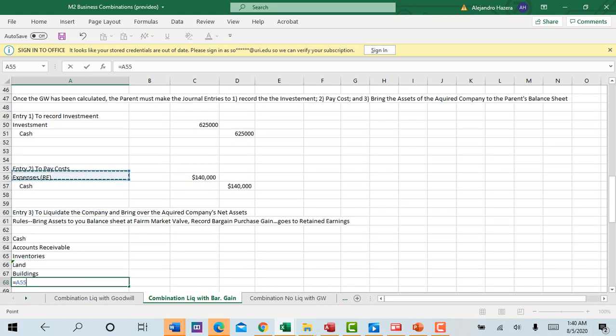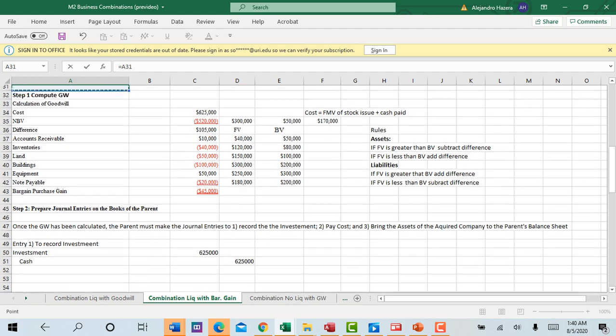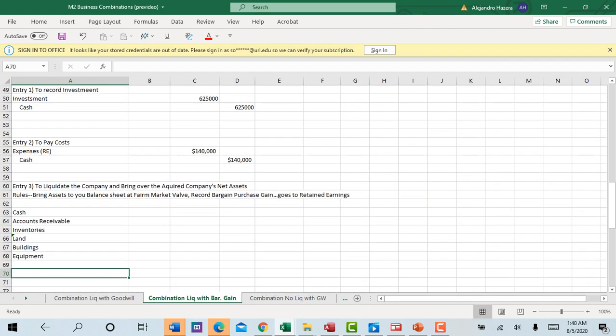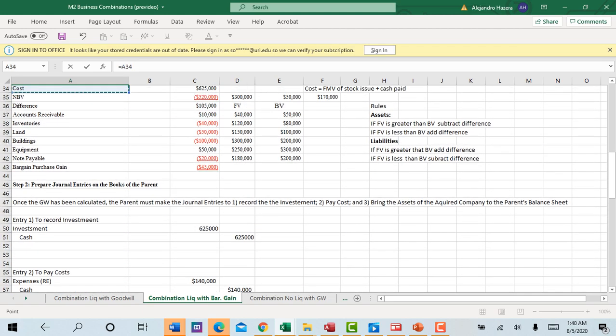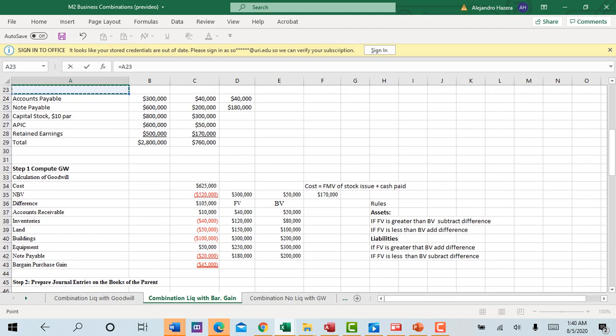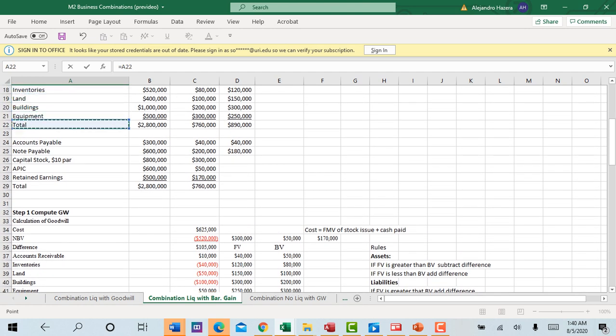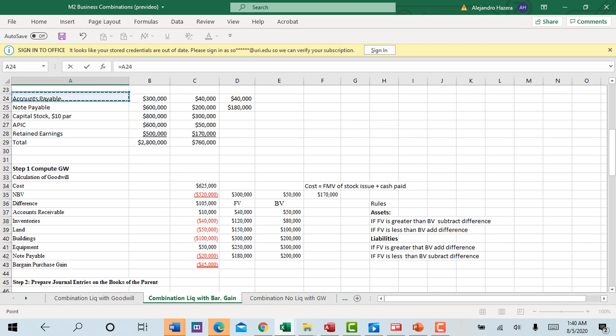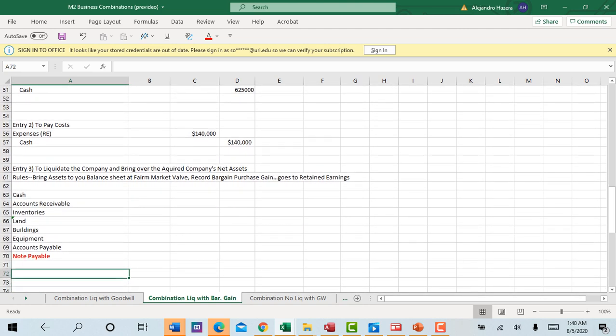Buildings. Equipment. These will probably be credits, so we'll have to move them over a little bit. Accounts payable. Notes payable.